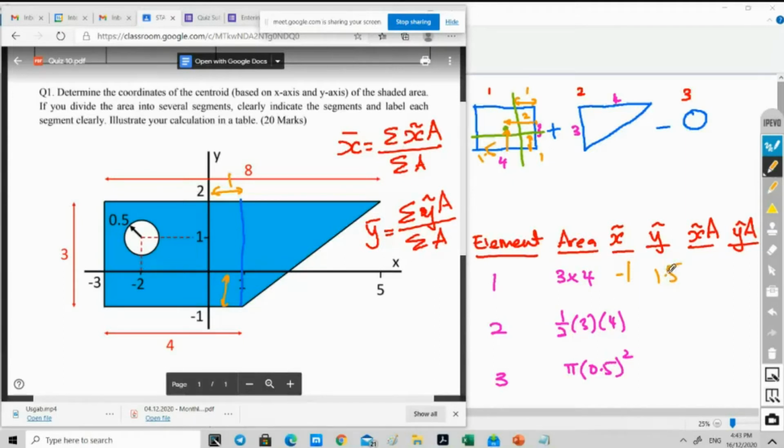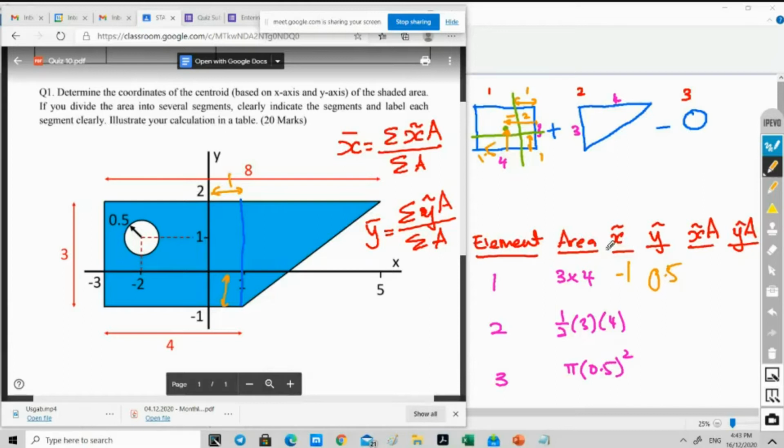So this is correct. 1.5 minus 1 is 0.5. So this is 2 minus 1, and with the sign, it is -1 here. 1.5 minus 1 is 0.5. All right. Okay, yeah, I think that is correct.